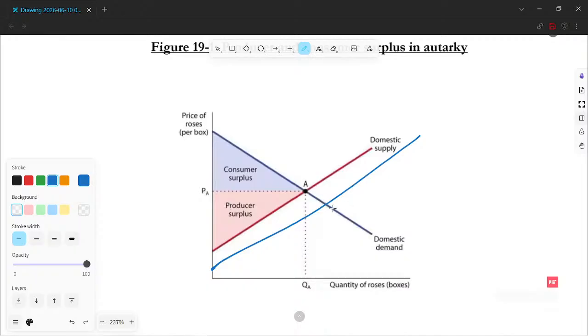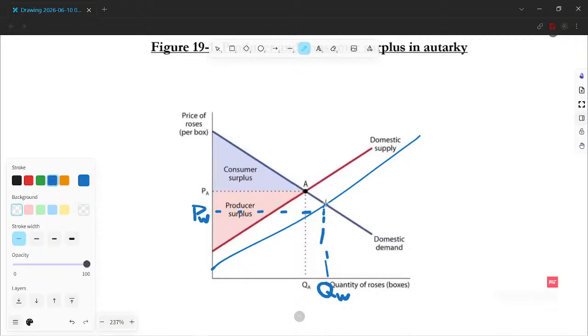So here we have, say, QW, PW, P world, like the quantity produced by the world, once free trade has opened up, international trade has opened up.